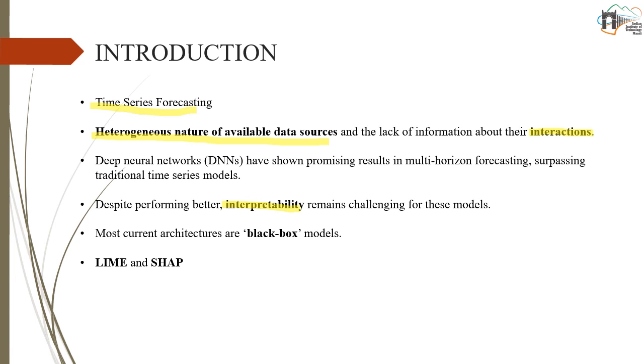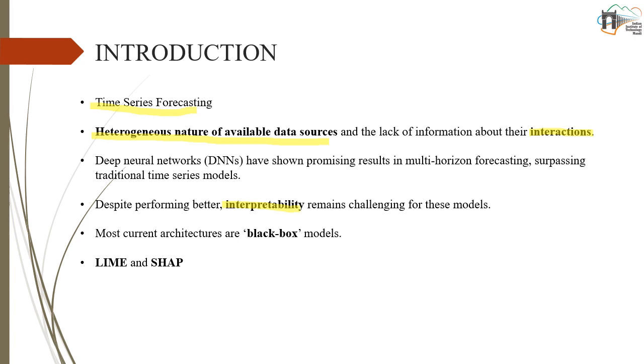What do we mean by interpretability? Let's say our model is predicting the weather of a location. If our model is interpretable, and it says it will be raining today, we can find out on what features or variables it is basing that prediction.